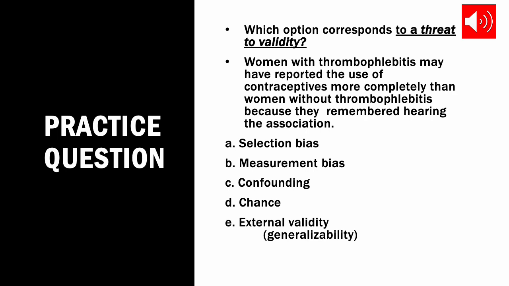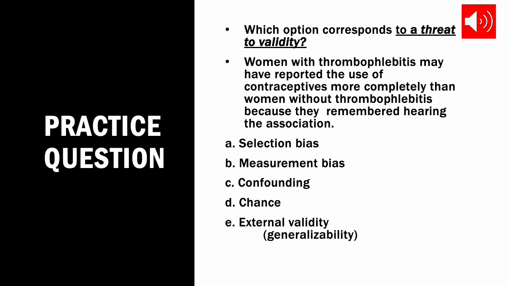So here's a practice question. Which option corresponds to a threat to validity? Women with thrombophlebitis may have reported the use of contraceptives more completely than women without thrombophlebitis because they remembered hearing the association. Is this a selection bias? If you go back to selection bias, this is when the practitioner makes biased selections of their group, so it wouldn't really match that.